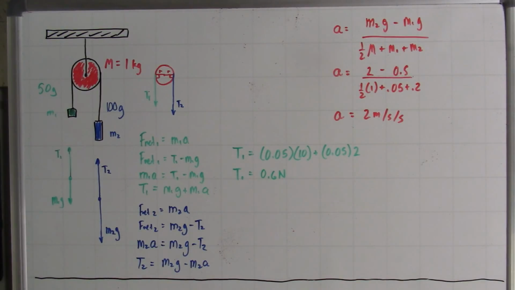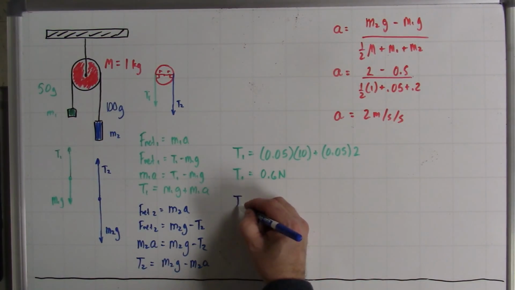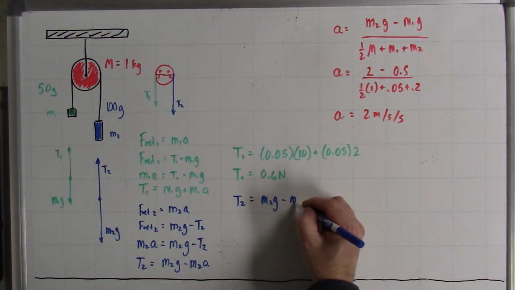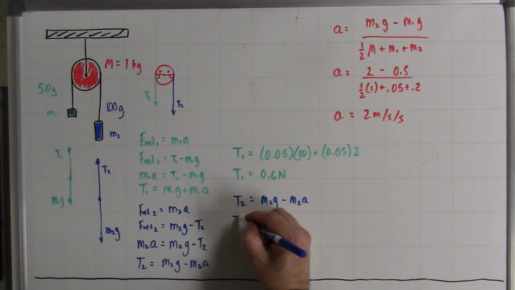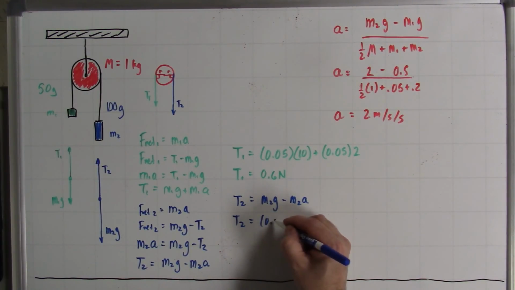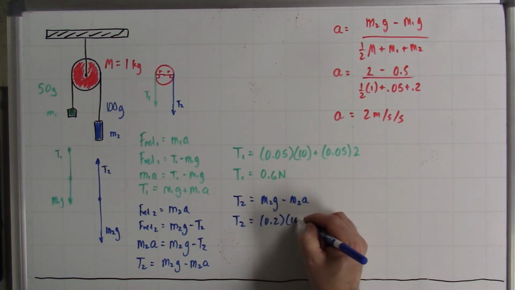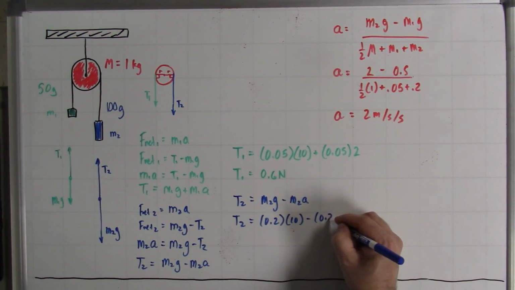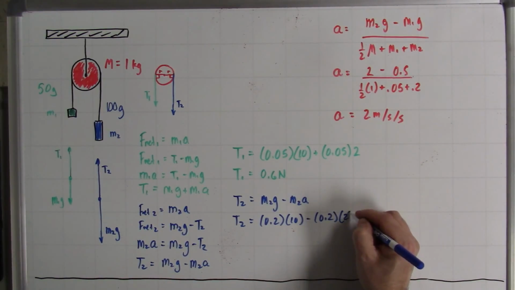If I look at T2, according to T2, it's equal to M2G minus M2A. So T2 is equal to 0.2 times G is 10 minus 0.2 times A is 2.